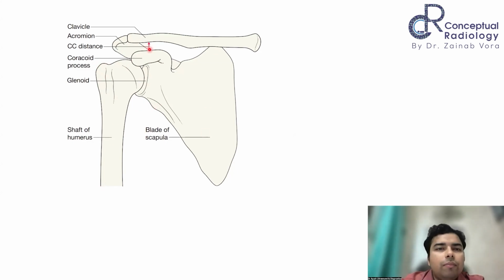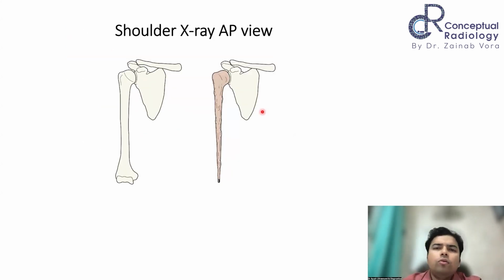Now, this distance is important. This is the coracoid process, and this is the clavicle. So this is the coracoclavicular distance, and I'll talk about it in subsequent slides. If we start with the views, the most common view that we go for is the shoulder X-ray AP view, and the AP view is basically done in all the X-rays.